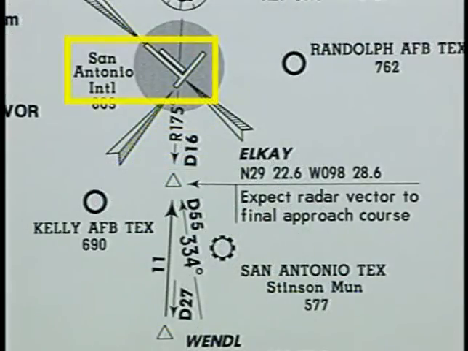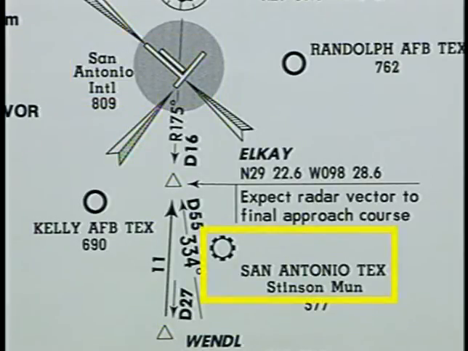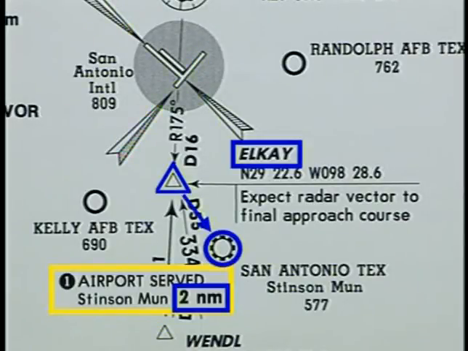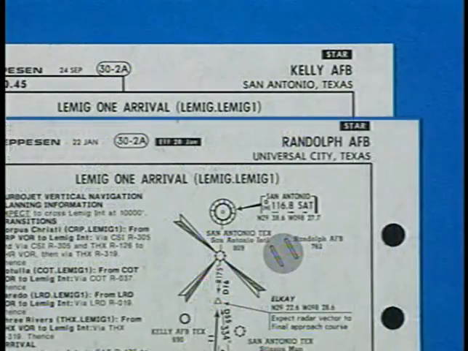In addition to San Antonio International Airport, the Lemig 1 arrival also serves Stinson Municipal Airport. Notice that the chart provides the direct distance from LK intersection, where radar vectors begin, to the airport served. Kelly Air Force Base and Randolph Air Force Base are served by other versions of this STAR that are included in military subscriptions.